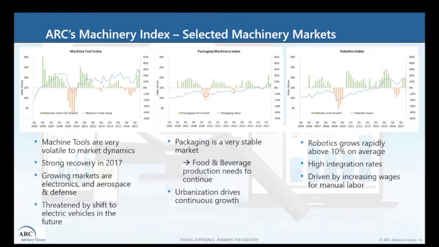grown very strongly over the past years. There was a slight downturn in 2016, which was also a result of a slowing economy in China, when they had acquired large numbers of robots in the years before and didn't really renew all their existing equipment and add equipment.